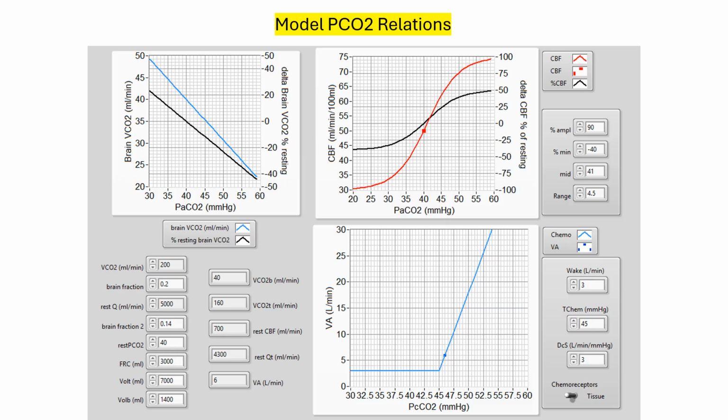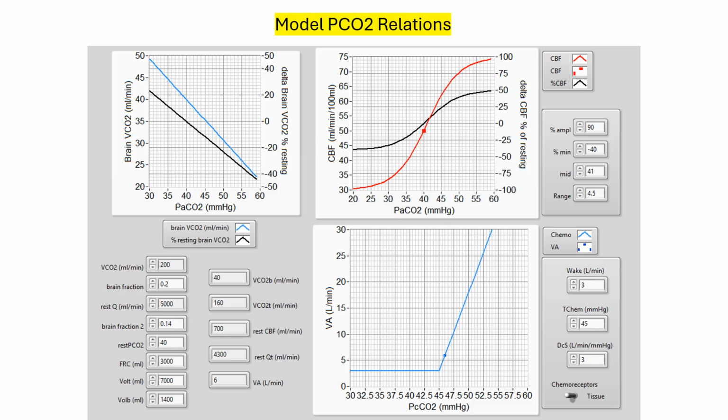To compare the ventilatory response to CO2 with and without an increase in blood flow in the central chemoreceptor region, I made a simple model. Like the one just shown, and models by many others, it consists of the 3 compartments, a lung gas exchange compartment, a brain compartment, and an all other tissues compartment, each with its own material balance equations for CO2.